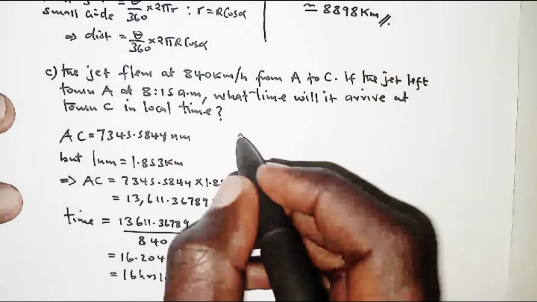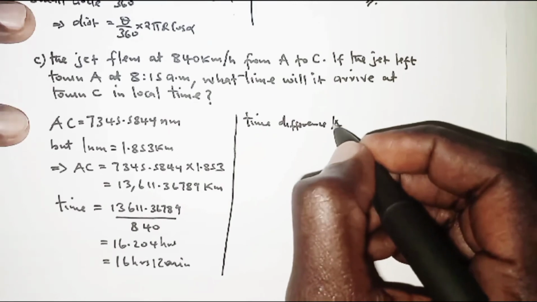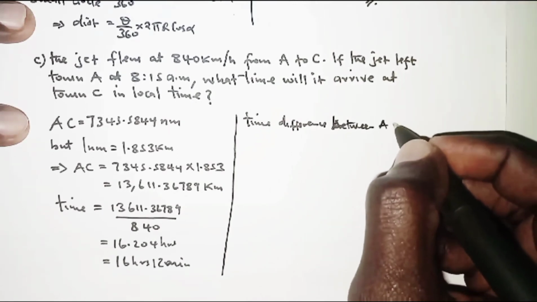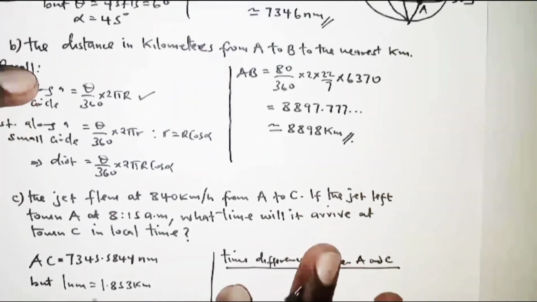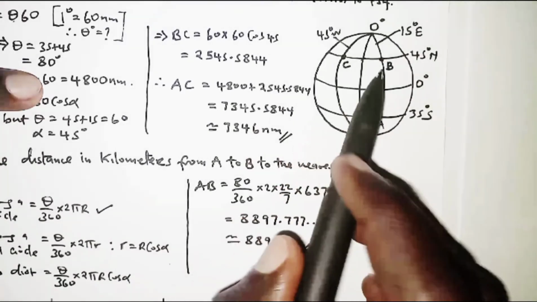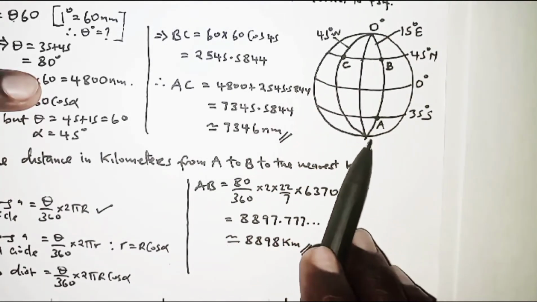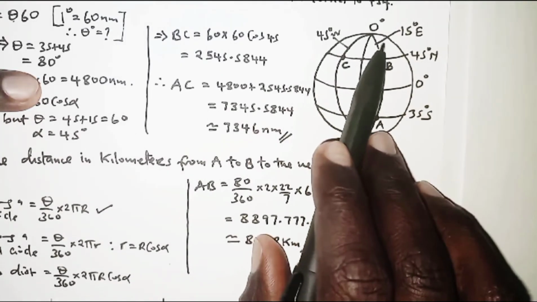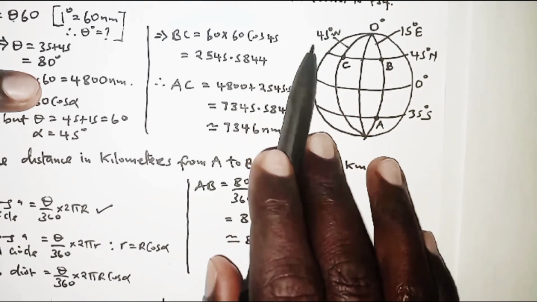And we can now get the time difference between A and C. So A and C lie on different longitudes. That means that they have different local times. So A lies on longitude 15 degrees east and C lies on longitude 45 degrees west.